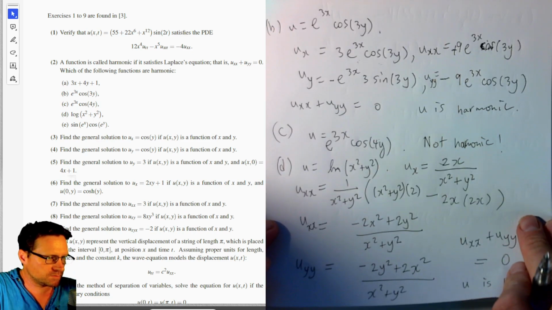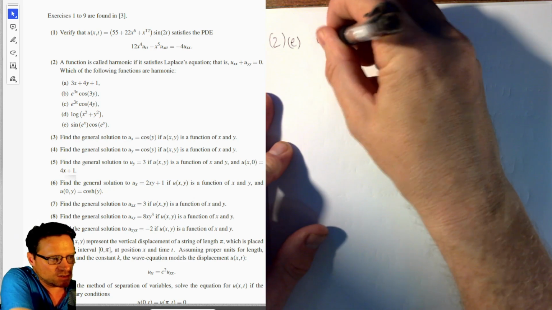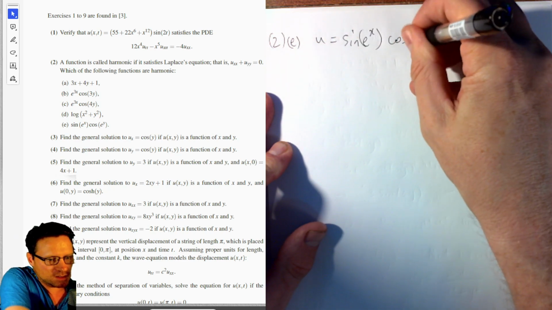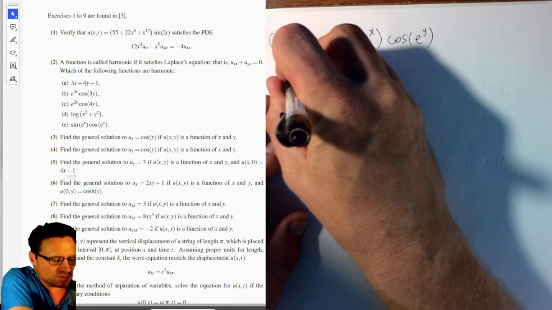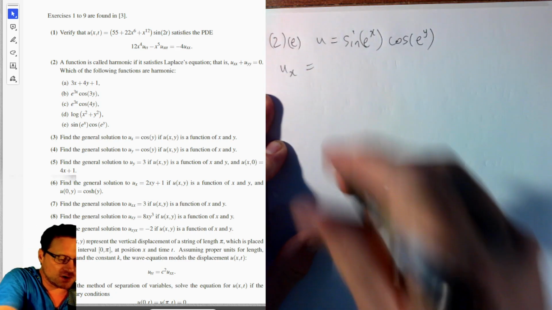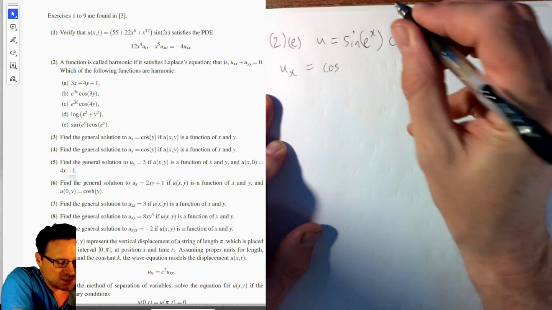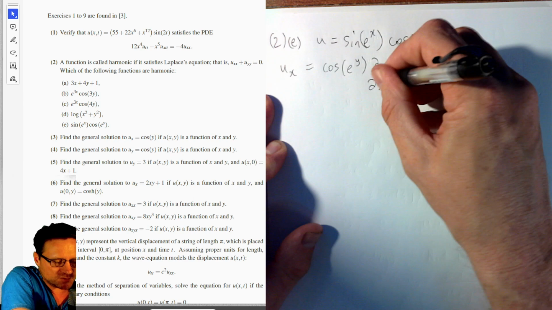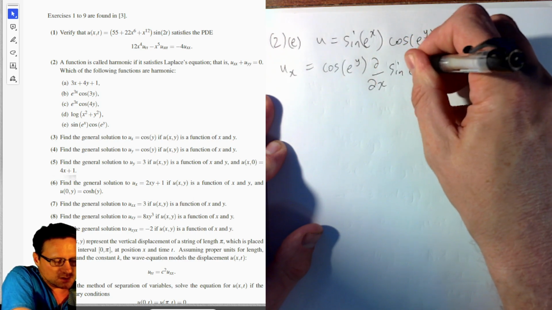All right, part E. So we have u equal to sine of e to the x times cos of e to the y. Okay, so u_x is, now we can ignore this and pull that out the front. So we have cos of e to the y times the derivative with respect to x of sine of e to the x.